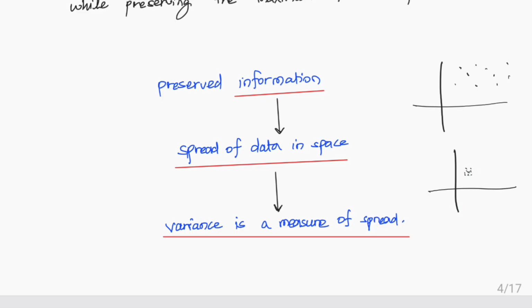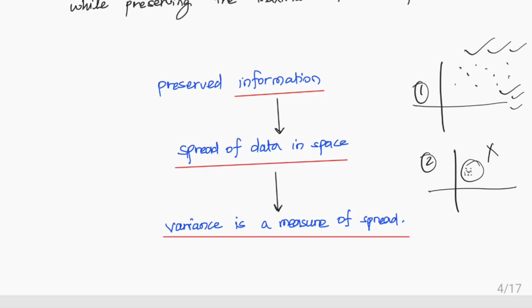Definitely if the data is spread in this space, and you have other data which is centered at some part of the space, then definitely this data contains more information and is more valuable for your ML algorithm to understand the underlying pattern. But this data is not good for your ML algorithm to understand the underlying pattern. So we definitely want to have this kind of data, the first type.